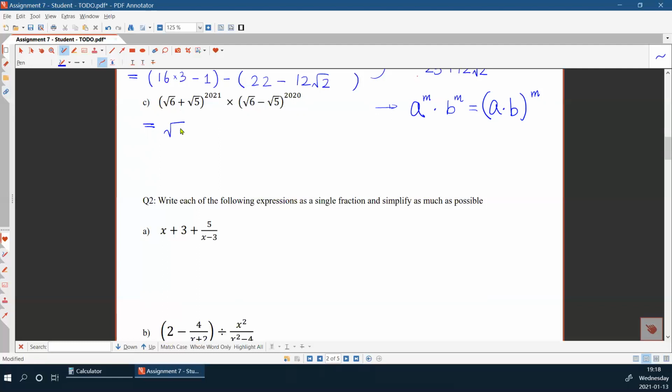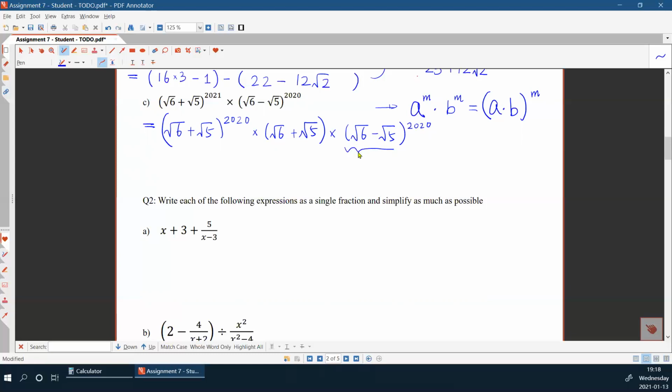The first part of the expression is a sum to the power 2021, which can be rewritten as the sum of these two numbers to the 2020 times one more of this sum, and then times the sum of these two numbers to the 2020.